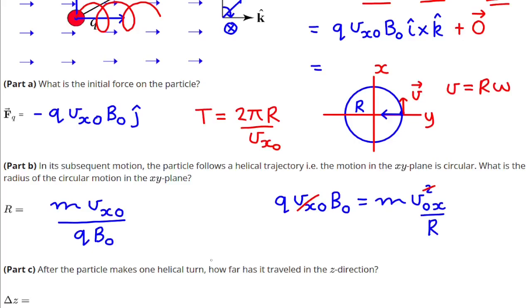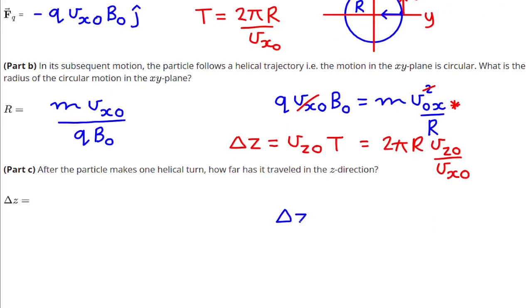And in the z direction, we have the displacement is Vz naught, but the time taken for the particle to complete that circle, which is the period. So what we get is 2 pi r by Vz naught on Vx naught. And we can substitute for Vx naught from this equation, which we got from Newton's second law.